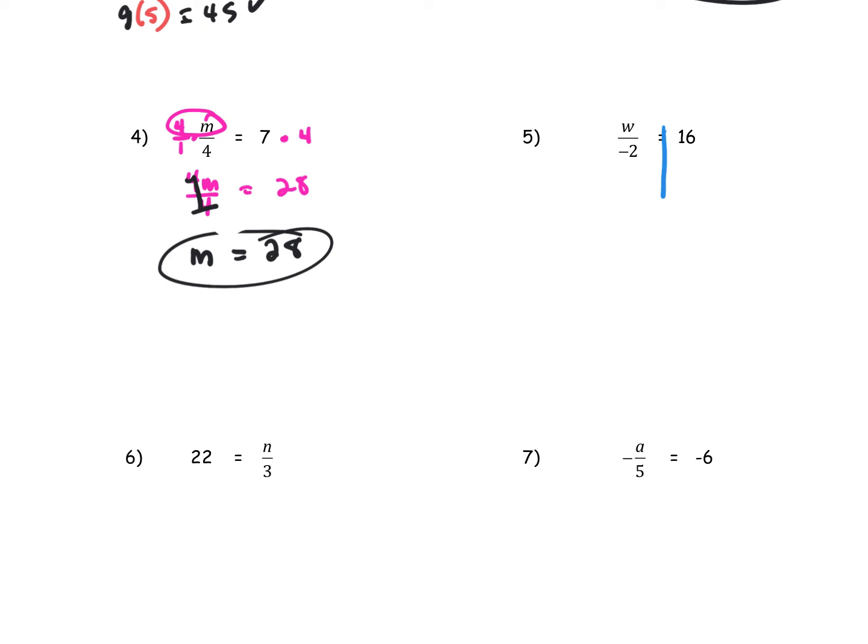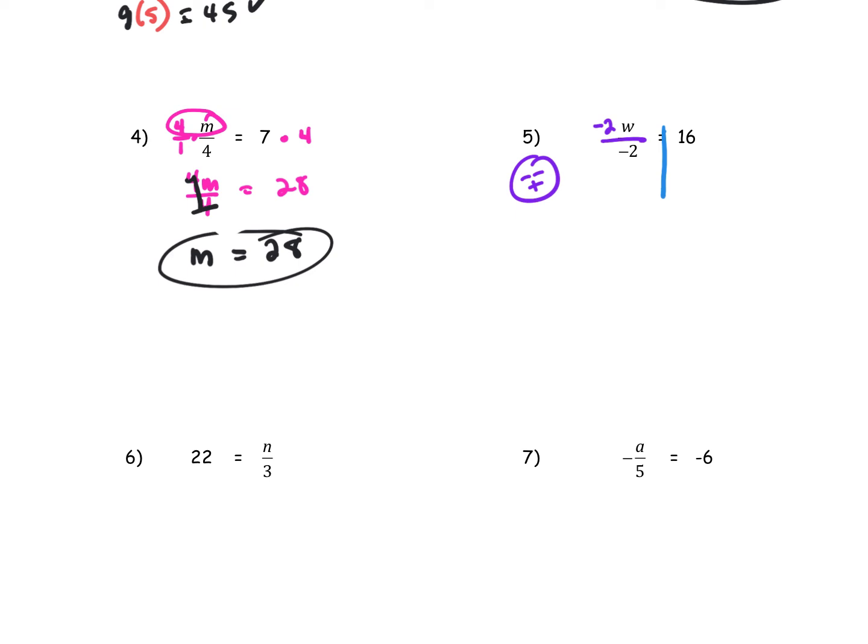Again, we have w divided by, this time, -2. So we always start on the side with the variable. The opposite of dividing is to multiply. But I need to use the negative 2. Again, negative divided by a negative would be a positive, and we want the positive variable left over.